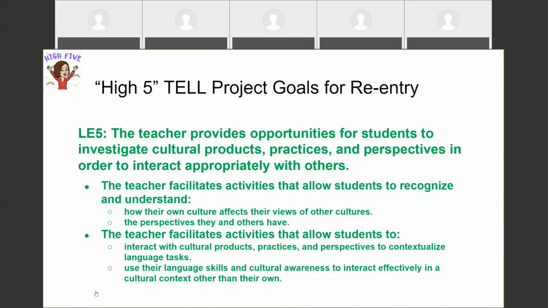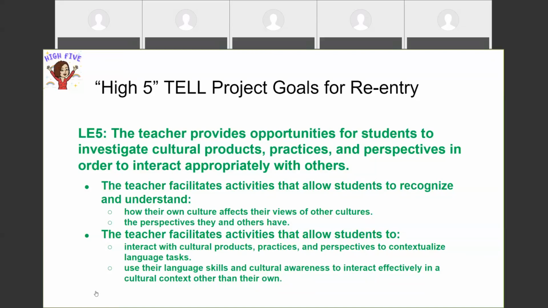All right. So if we're going to provide those opportunities for the students to do those intercultural investigations, and that will then prepare them to interact appropriately with others in those target cultures, we want to make sure that the teacher is facilitating activities that allow students to recognize and understand, first of all, how their own culture affects their views of other cultures, and the perspectives that they themselves have and that others would have or might have.